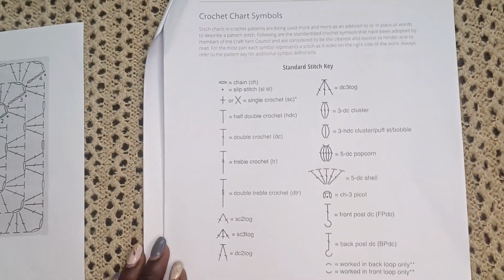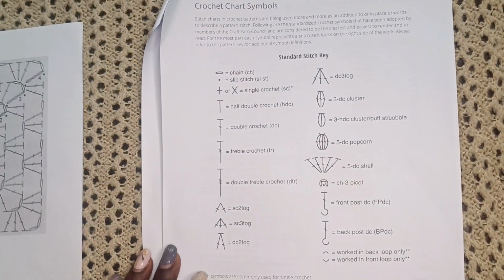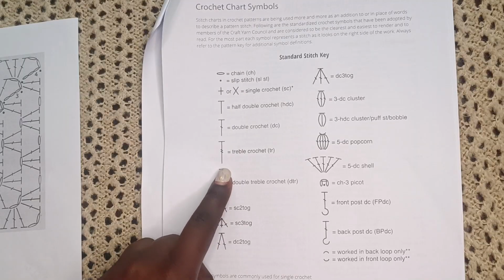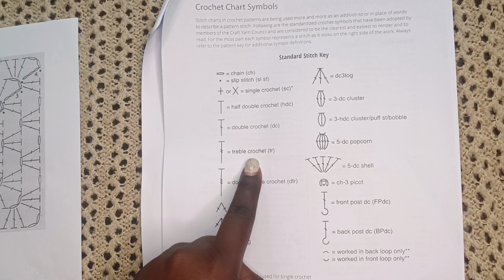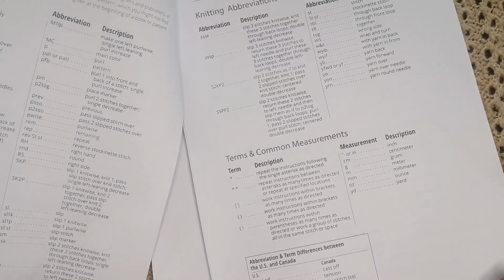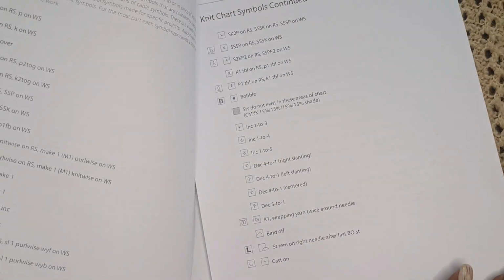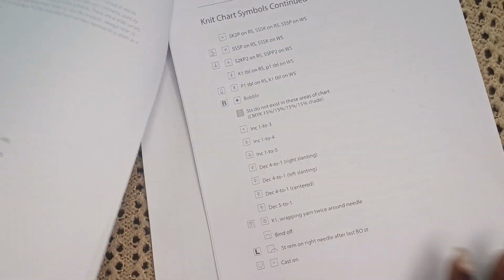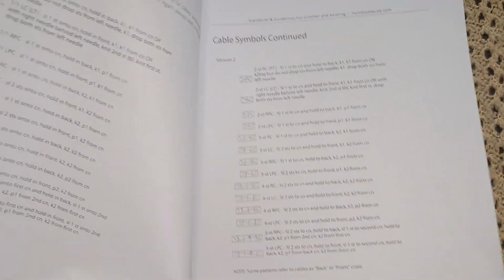We also have the chart symbols. This is what we're doing today. Each symbol has its own definition and its abbreviation. Then we have the knitting chart symbols. There are so many. It goes into cable symbols.